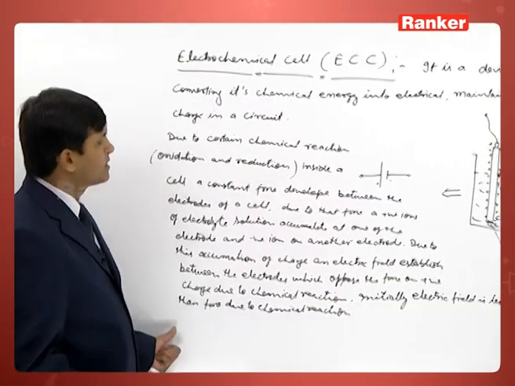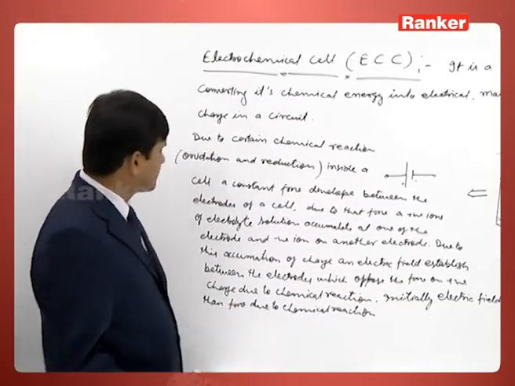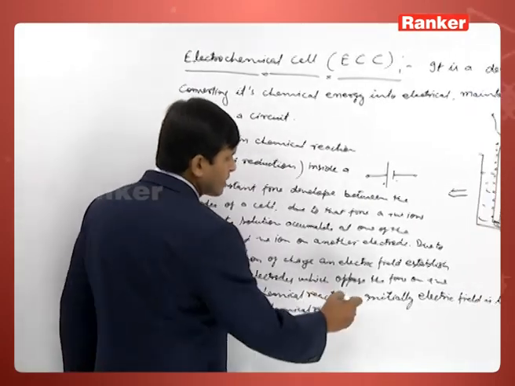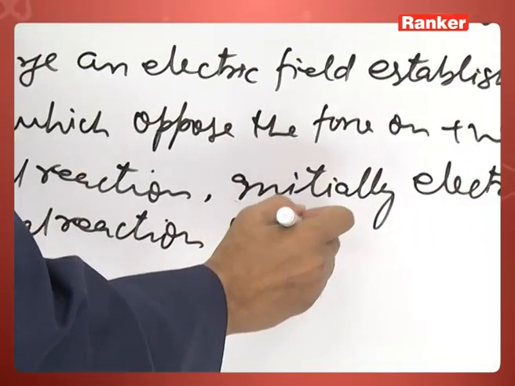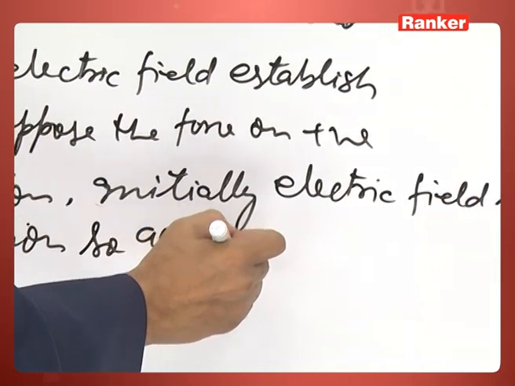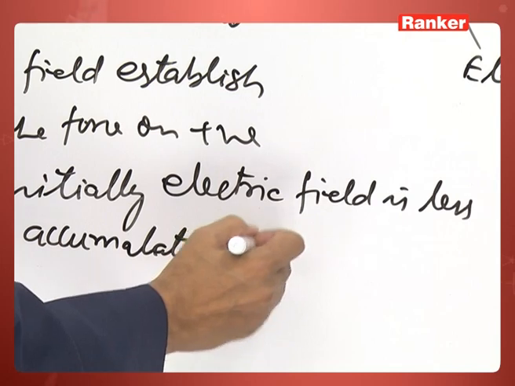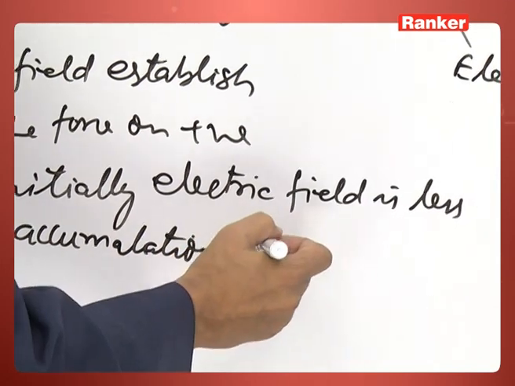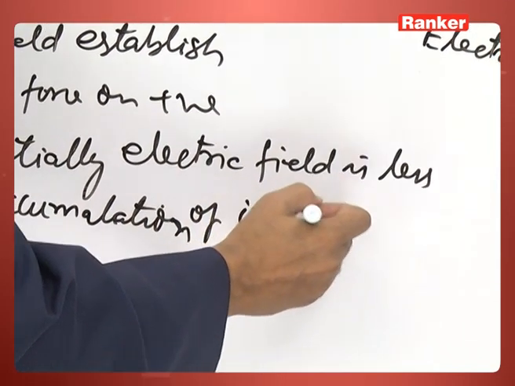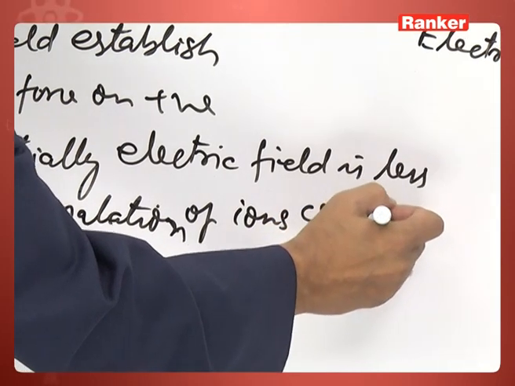Initially the electric field is less than the force due to the chemical reaction. So accumulation of charge, or accumulation of ions, continues.